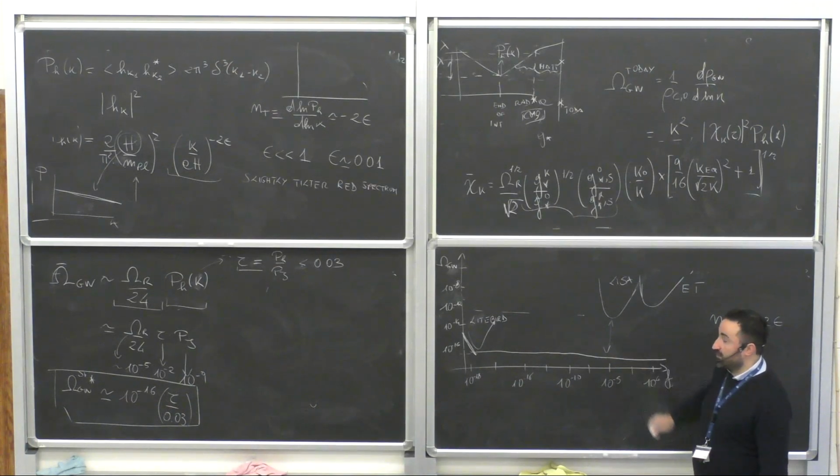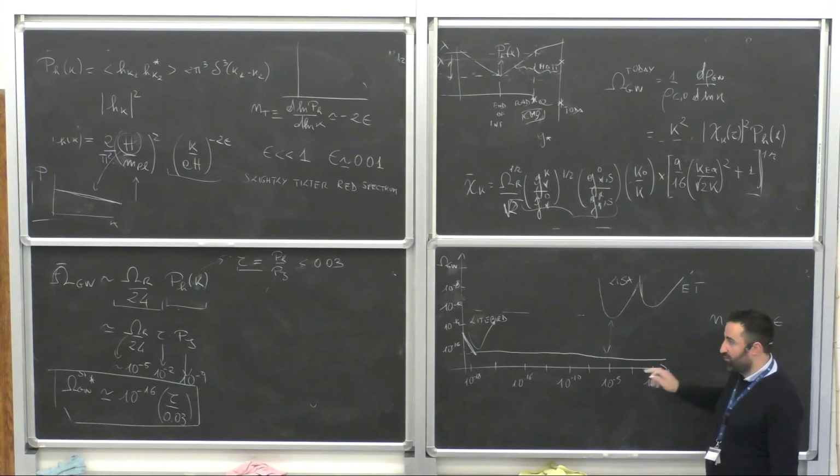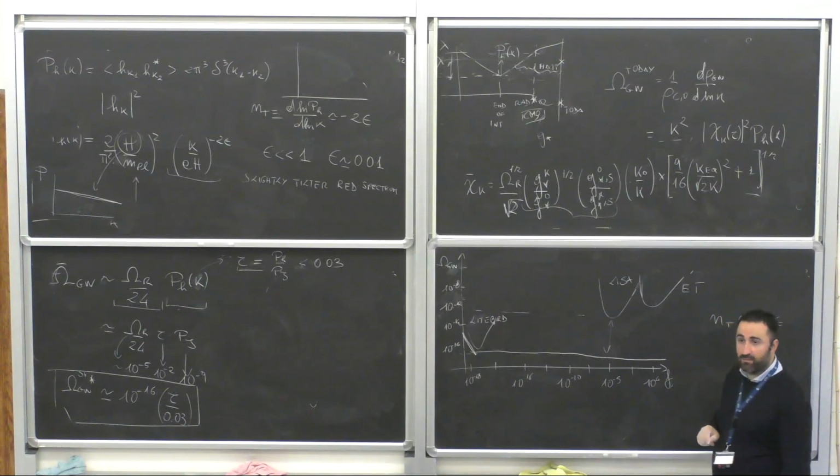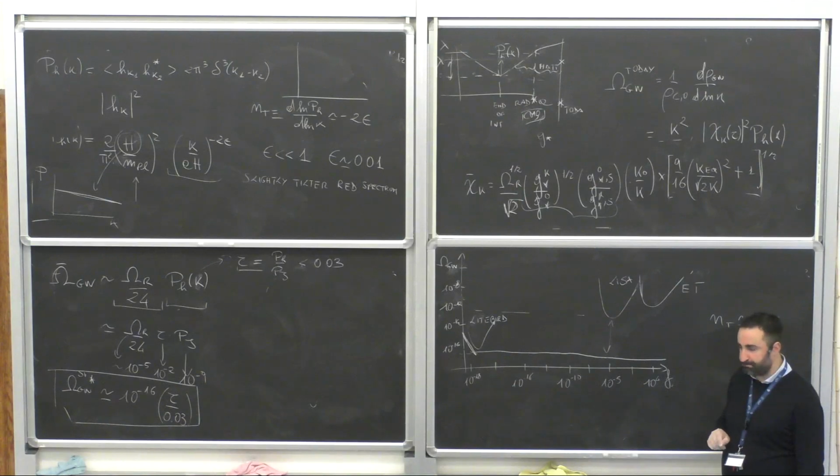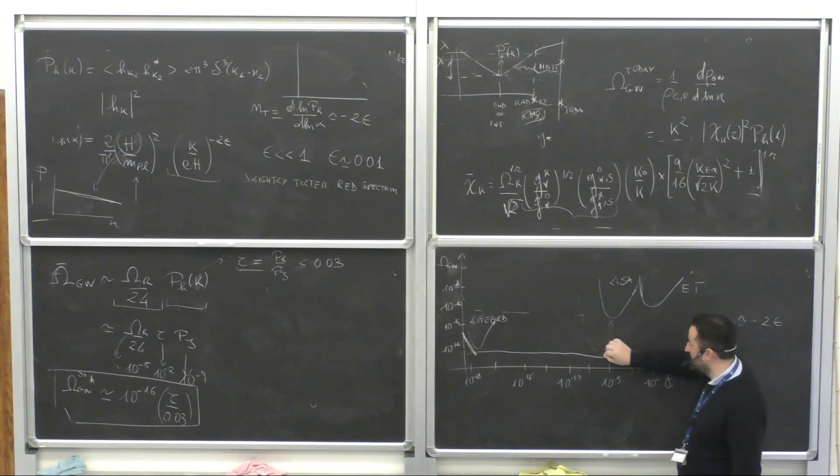So this means that it's very hard to detect a gravitational wave stochastic background from a single field model of inflation, okay? And then, right, you need more advanced detectors that go down here, okay?